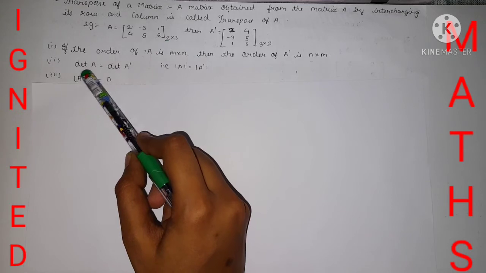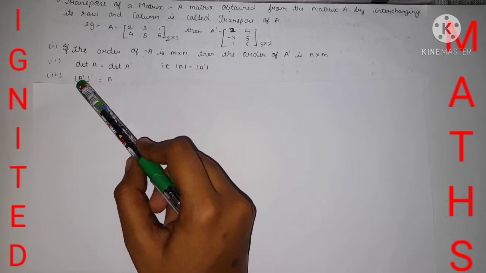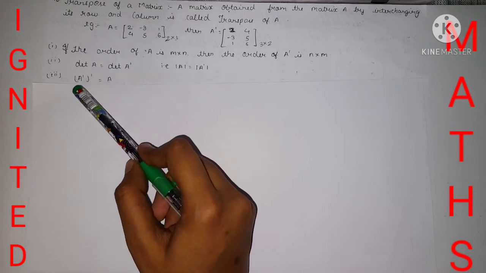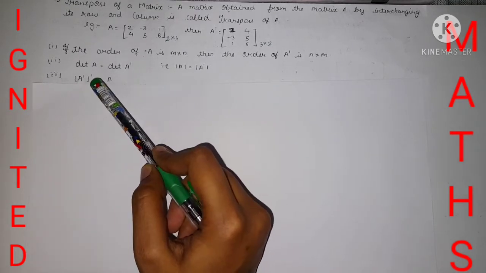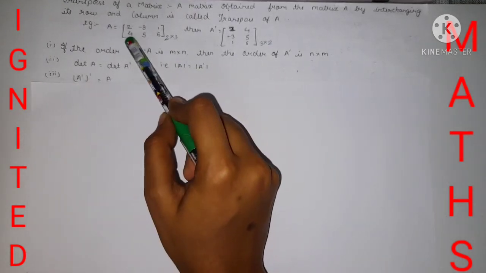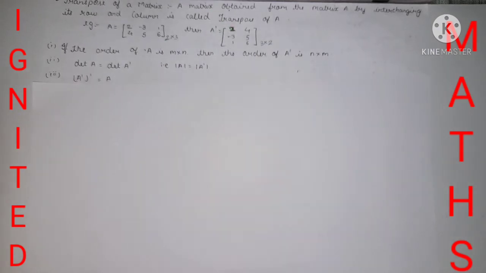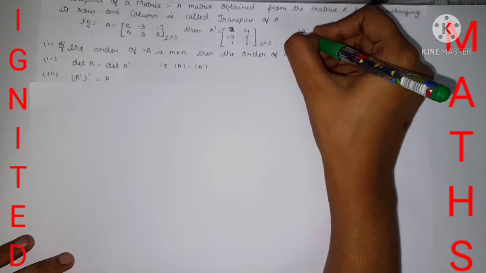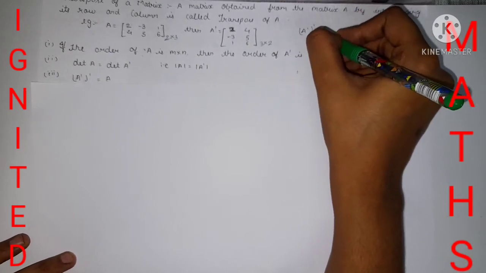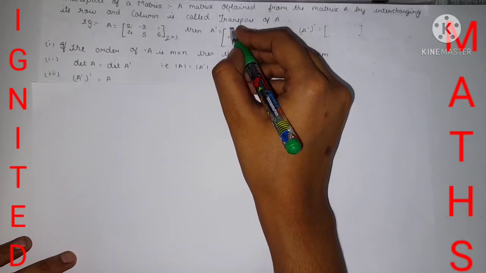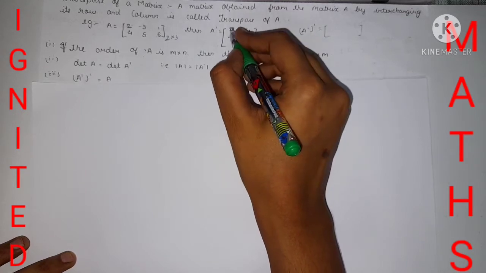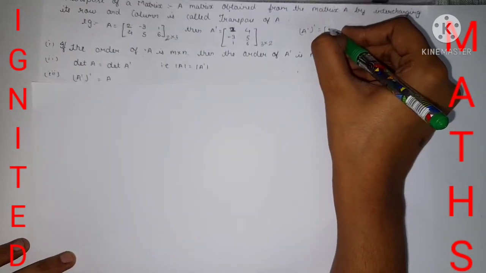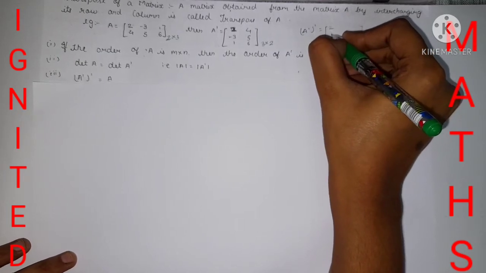A dash of dash. After finding the transpose of A, if you transpose it again, it will become A. Now this is the A value. This is the A transpose, that is A dash. Now I am going to transpose A transpose. These are the rows, so this row will become a column. So 2 for row, I will interchange as the column.